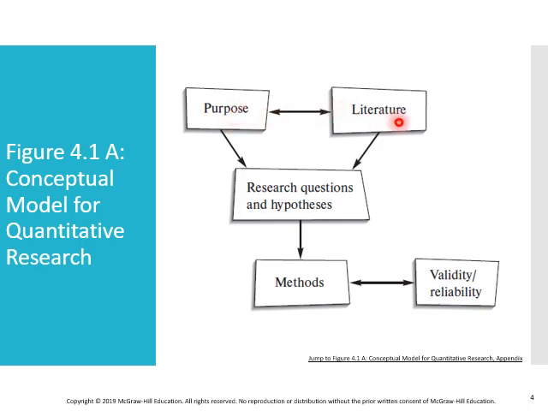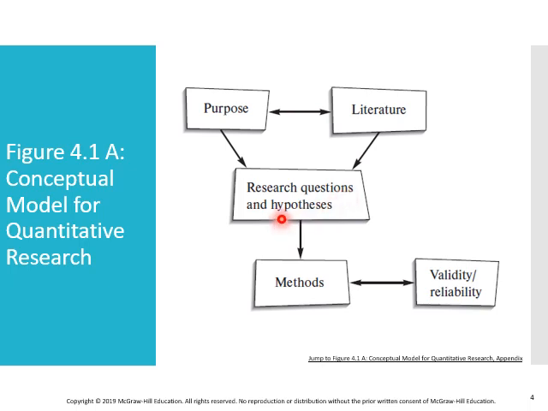purpose to literature, and then once he or she has read the literature and understands what other researchers have done, without needing to tweak his or her purpose, can then move on to this box here to design or construct the relevant hypotheses, as well as research questions if they're necessary.